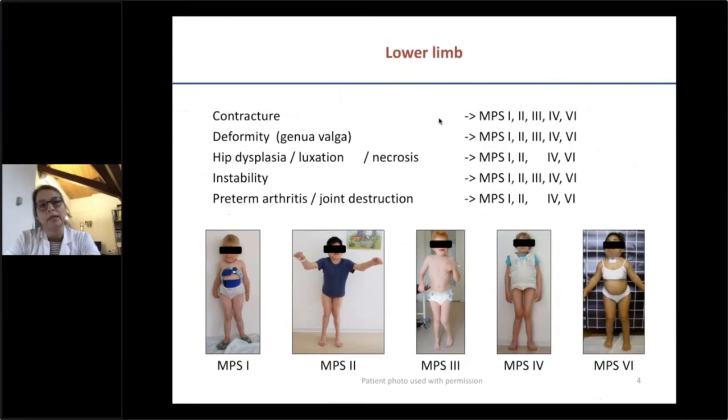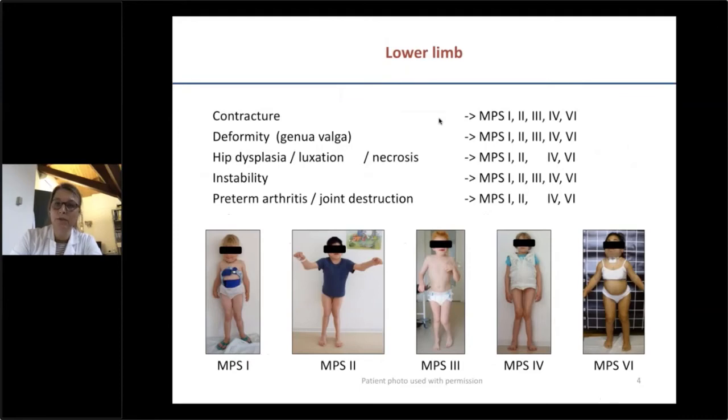You have mainly contractures in nearly all of the forms, also in MPS 3, maybe secondary to the CNS involvement. Of course, deformities of the lower limb, problems like hip dysplasia or femoral head necrosis, and in MPS 4, the instability is the leading phenomenon, also leading to early joint destruction or preterm arthritis.